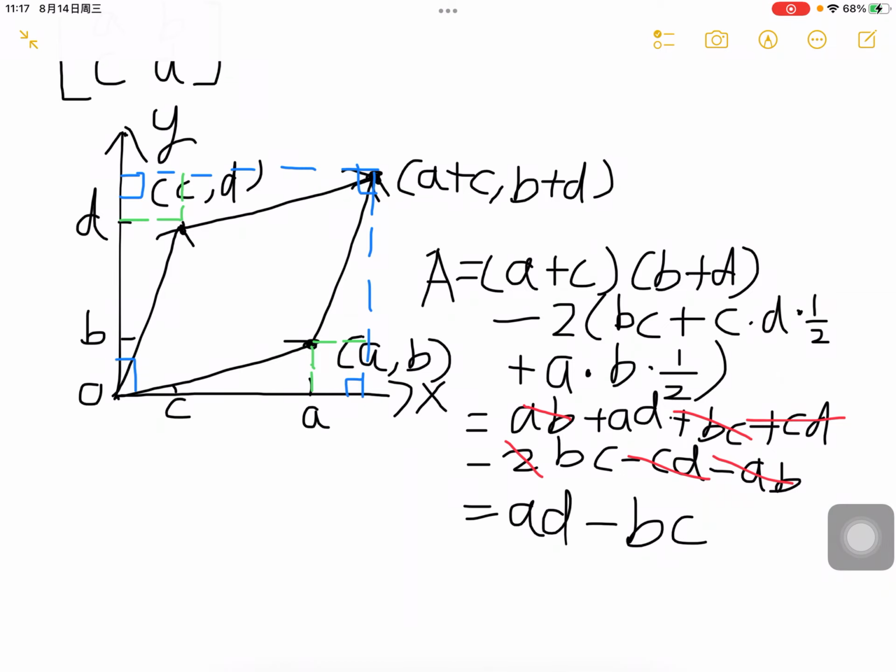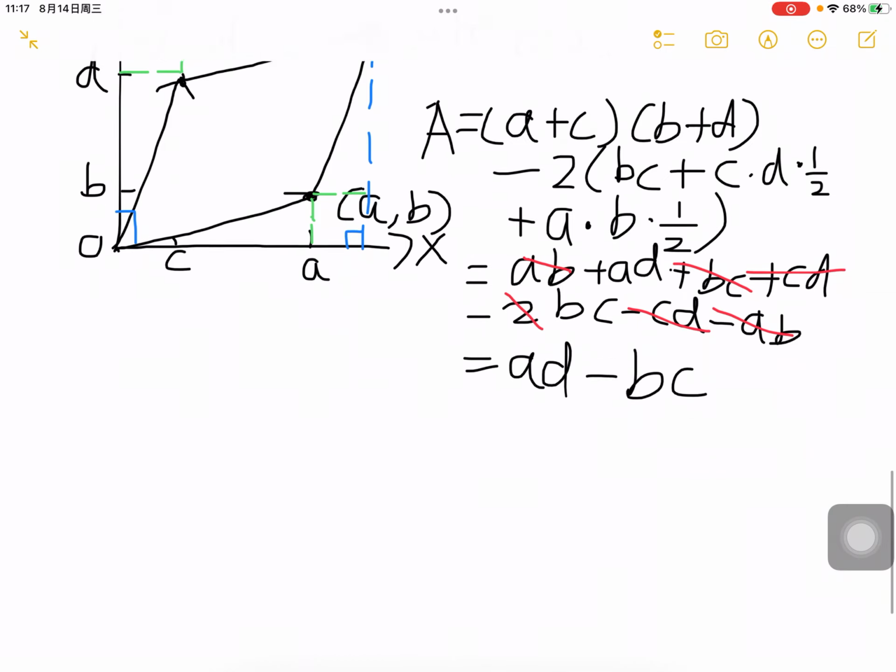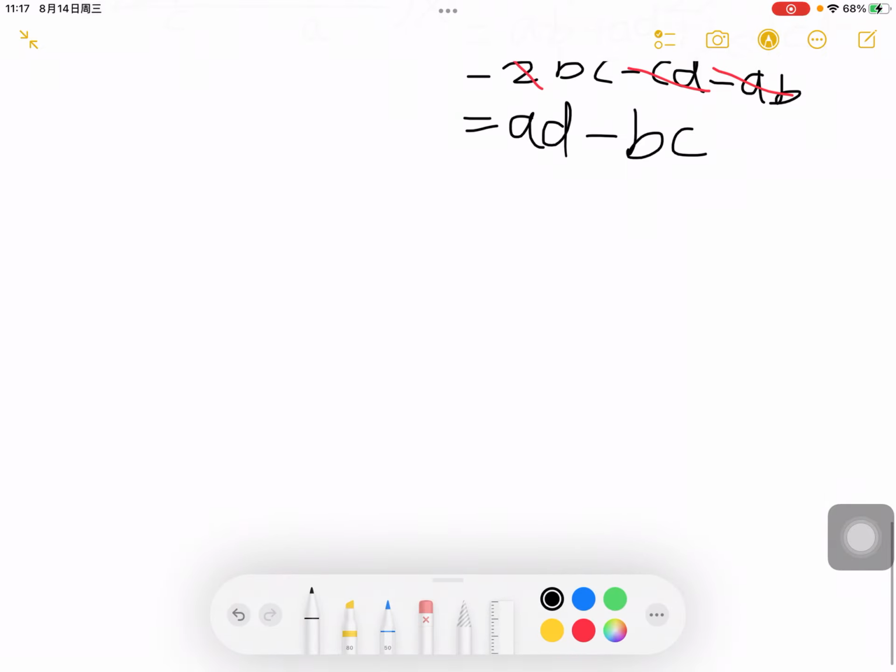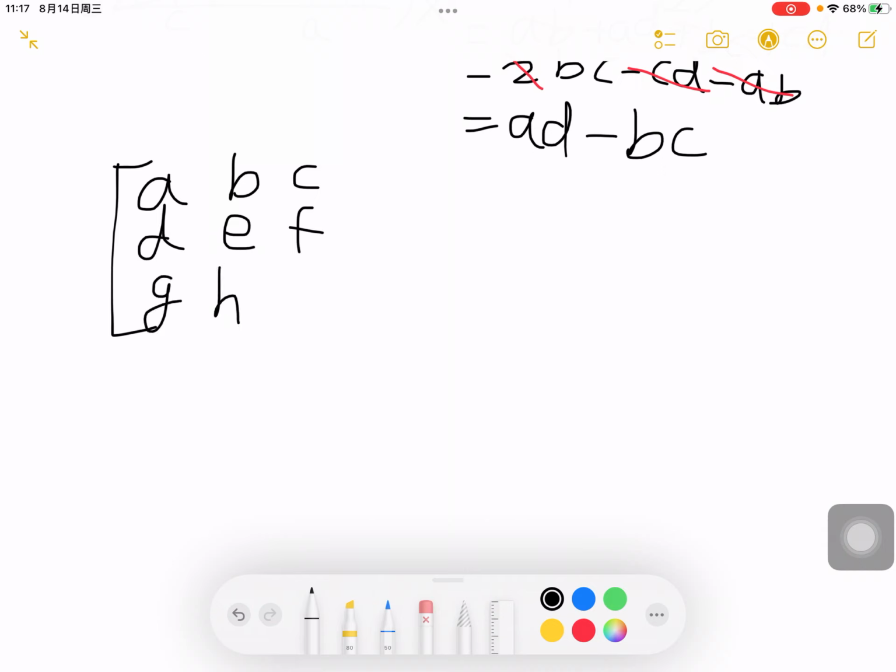So let's move on to the 3 by 3 matrix. For the 3 by 3 matrix, I'm going to try to draw a graph. The 3D shape we get from a 3 by 3 matrix, like this one, A, B, C, D, E, F, G, H, I, is a parallelepiped.